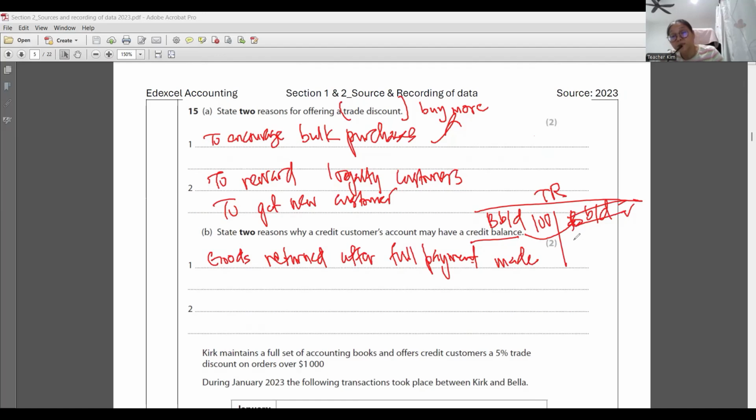For example, in my bank, I should record 95. Then here, bank received is actually 100. So we should give another discount, but the customer forgot. The customer pays us 100.